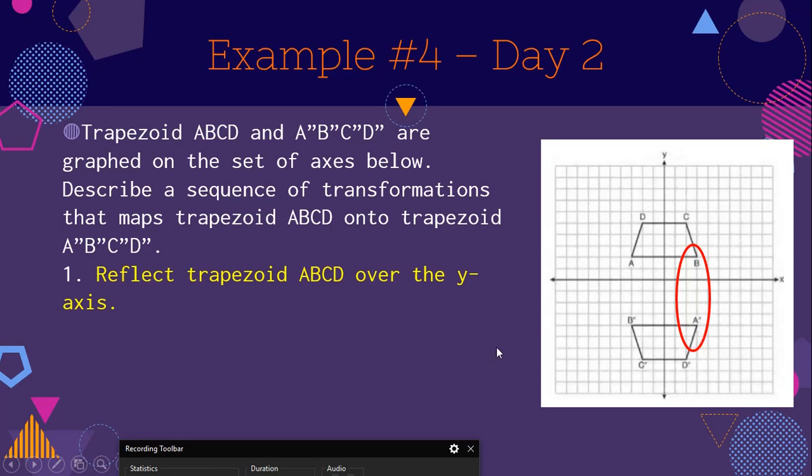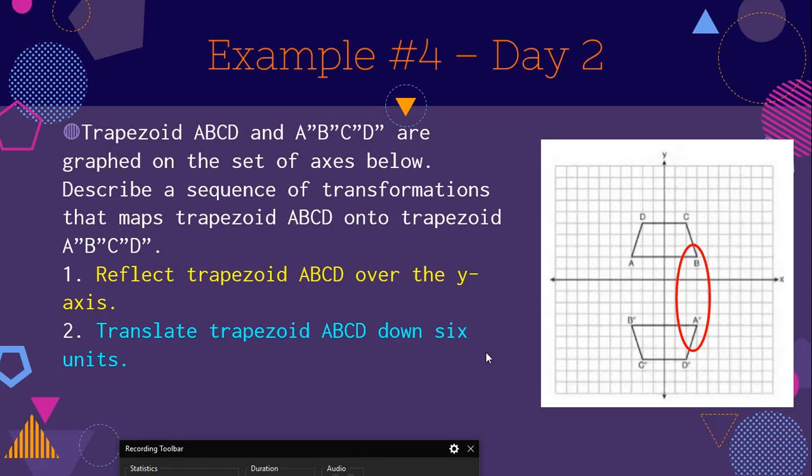Once I reflect it over the y-axis, I'm actually going to slide it down so that side AB and side A prime B prime are located in the exact same spot. So I'm going to translate the trapezoid down 6 units. I'm not moving left or right. So if you were writing a rule, it would be 0 and then -6.